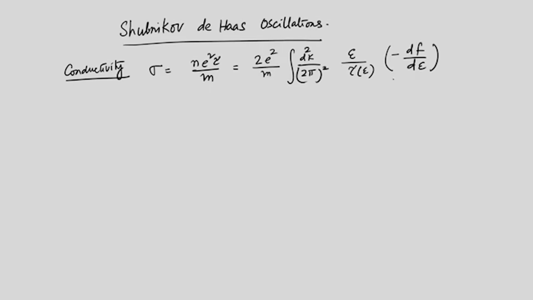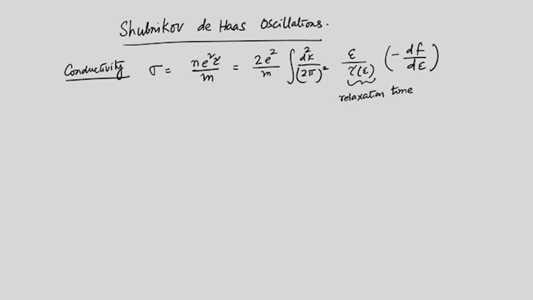Now, you might wonder where all these things are coming from. This is nothing but the relaxation rate, or relaxation time rather, which in the non-equilibrium problem is an energy dependent quantity.